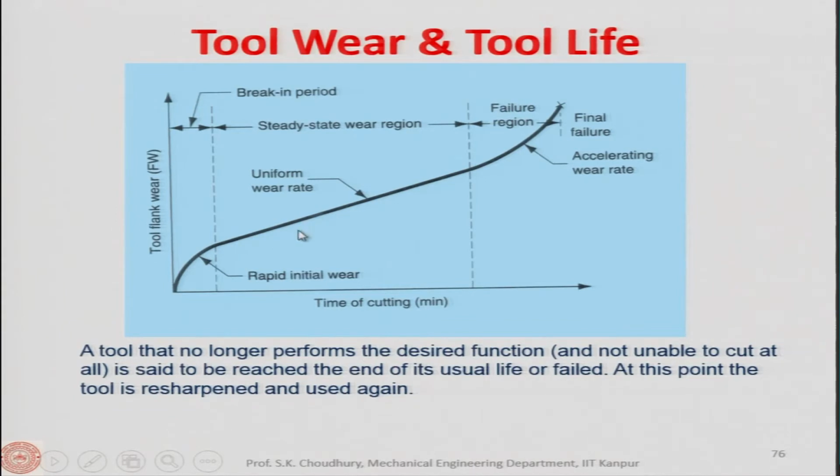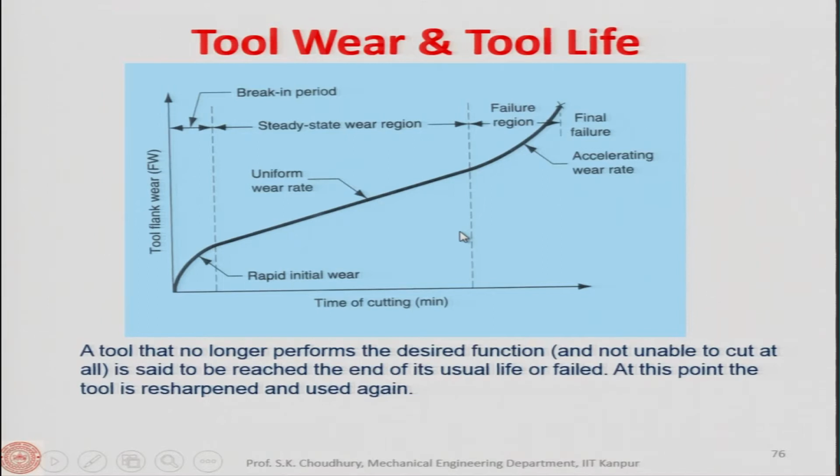After that it will be very steady and uniform wear. So, the wear rate will be uniform in this section, and this section is called the steady state wear region. After this, there will be a failure region, and after sometimes it will be catastrophic failure. So, the tool can break, tool can be destroyed. Here it will be accelerating wear rate. It will be much steeper than this curve.